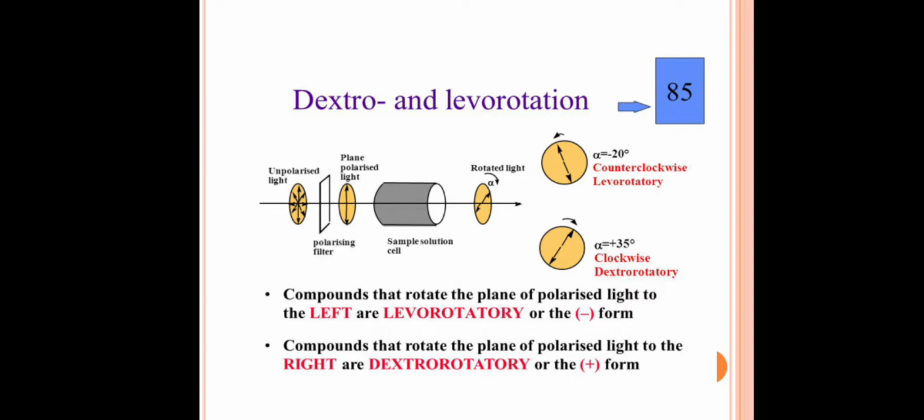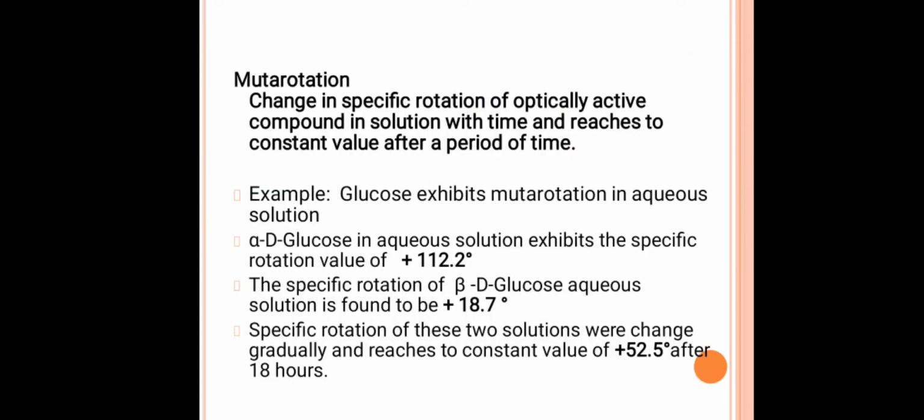So, coming to the point, mutarotation is the change in the specific rotation of an optically active compound with respect to time. So this is time based. In order to explain this concept, we are going to consider the example of glucose.